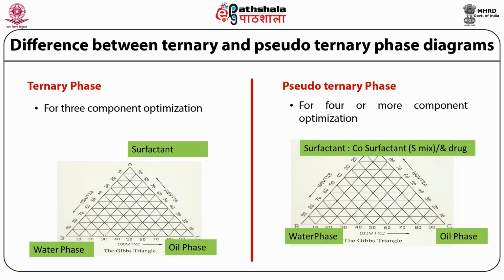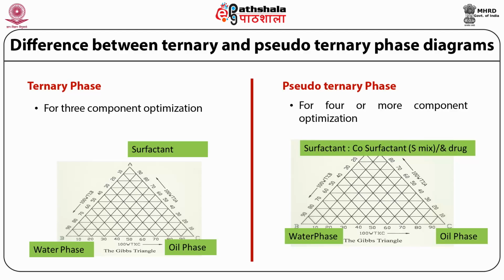For example, if A is surfactant, B is the water phase, and C is the oil phase, this is called a ternary phase diagram. Whereas when we take surfactant and co-surfactant, called S mixture, in one corner of a Gibbs triangle, B constitutes the water phase and C constitutes the oil phase, then in total we have four components for optimization.